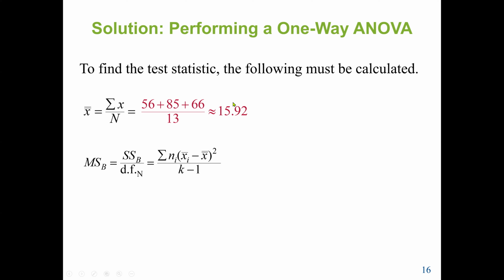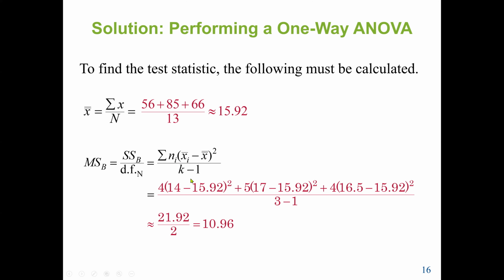So that's the value. Then remember, in order to get the MSB, we need to know the SSB. The SSB formula is given here. Degree of freedom formula is K minus 1. So we can plug in the values and then we solve it. That gives us 10.96.